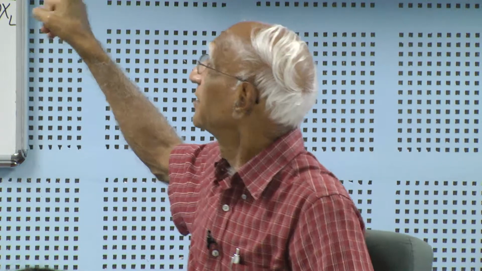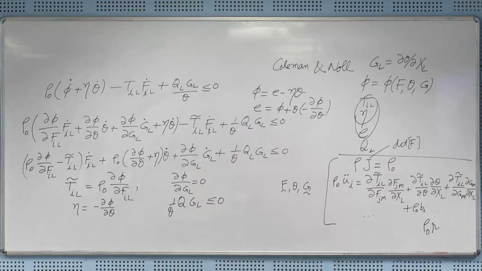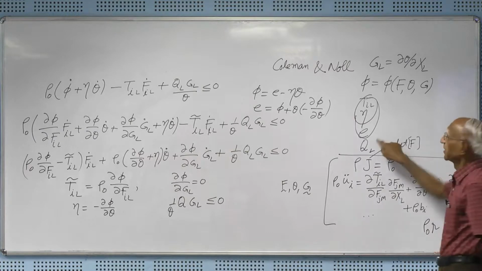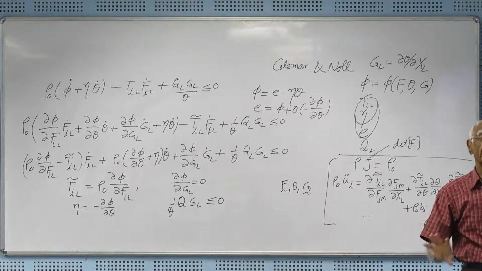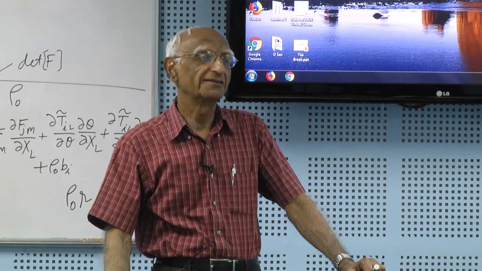So the principle of equipresence states that to start with we must assume that phi, T, eta, E and heat flux, all of them depend upon the same variables unless the second law of thermodynamics rules them out.